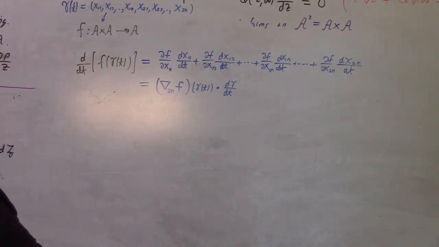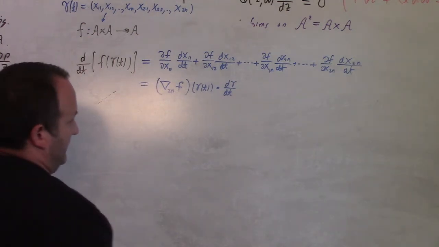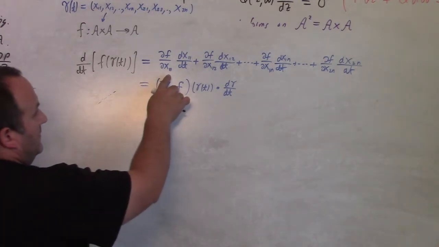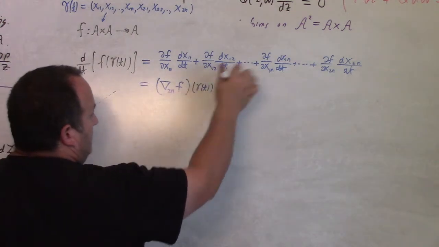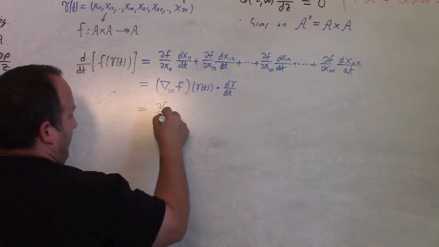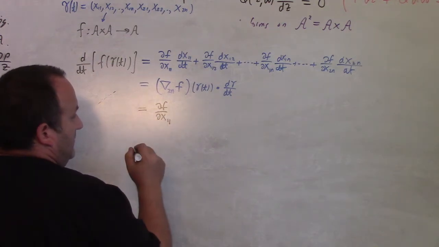The thing is, because we're assuming differentiability in both senses, in the second and the first slot, we can trade these for partial f, partial x11, times something.